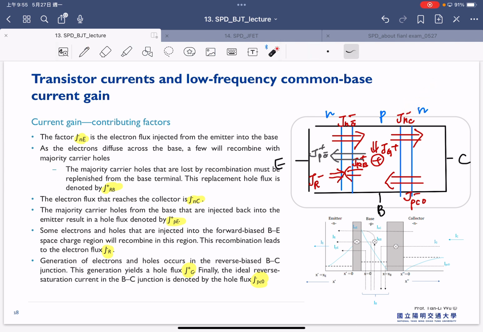But you have to get used to it. If you really work on the bipolar junction transistor, you actually have to face this kind of analysis very often.